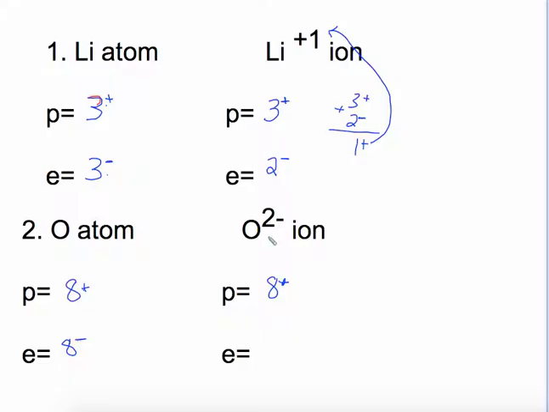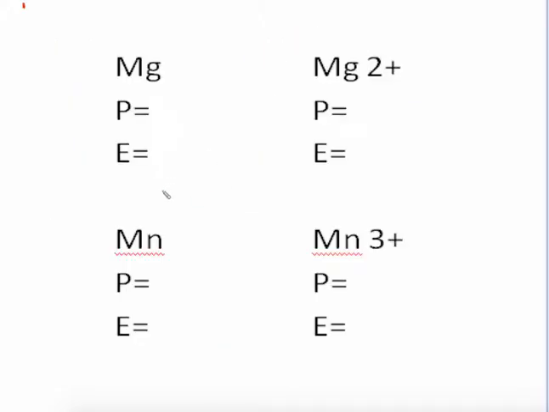But the oxygen ion has 2 more negative charges than positive. So what's 2 more than 8? 10. 8 positives plus 10 negatives gives you a net of 2 negative charges, which matches the charge on the ion.